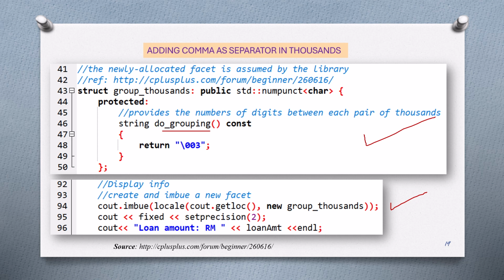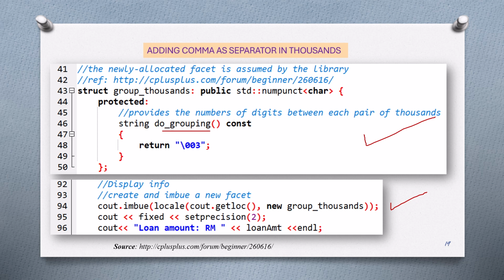Now actually there are a lot of solutions, a lot of methods for you to use in order to add the commas. There are a lot of materials shared by programmers out there. You might want to take a look when you have time. But for me the simplest one is the one that I'm sharing with you now.